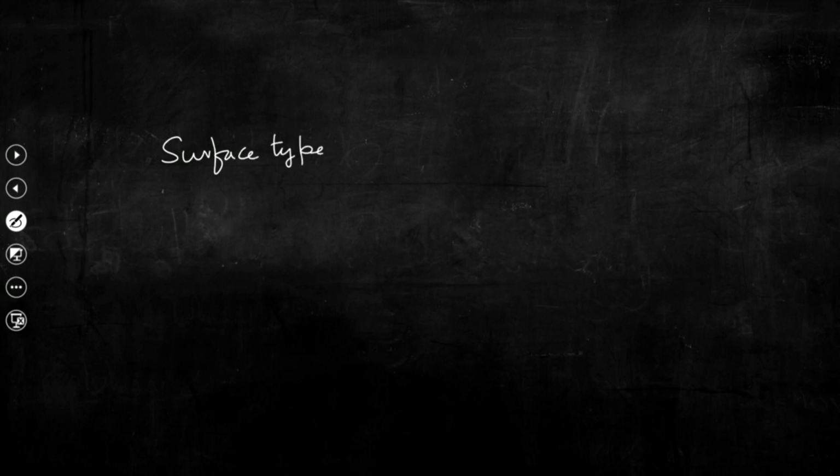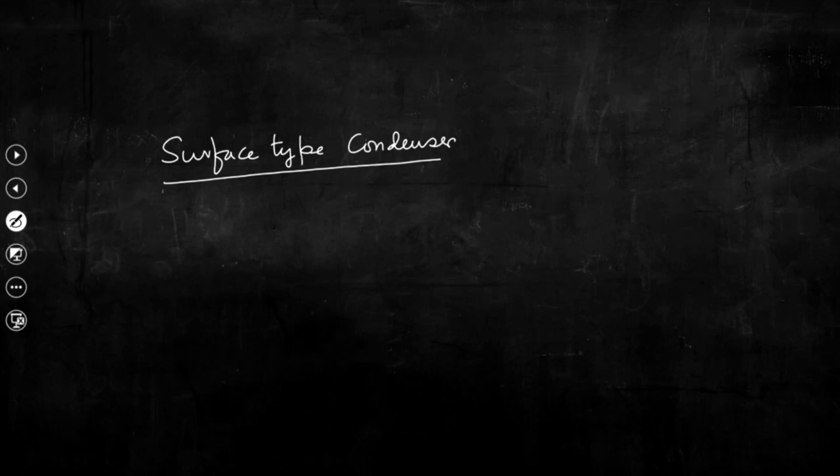Now, coming to the surface type heat exchanger, surface type condenser, as I said to you that the condenser is a type of heat exchanger. So, it is a surface type heat exchanger. Now, if we try to recall surface type condenser, because of this name, it is designed in such a way that two streams will not mix together.